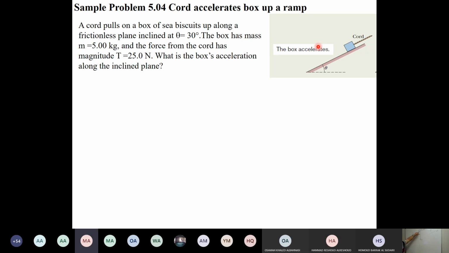Now, you also notice that if this block is supported by this plane, then there is a force from the plane. That force is a normal force, and it points away from the surface, like this. So Fn is going to be upward.